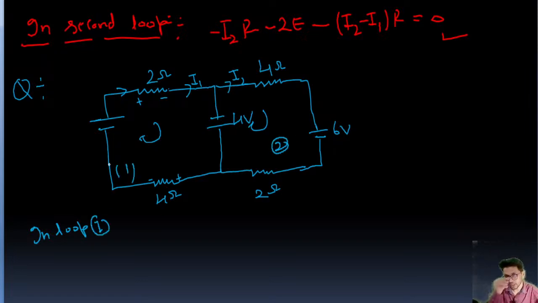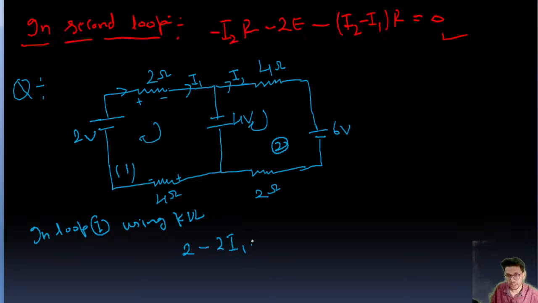So in loop 1, we'll use KVL. This is 2 volt. So this is going to be 2, minus, and this is the current direction, so this is minus 2 I1.